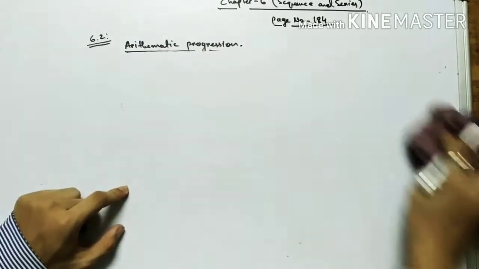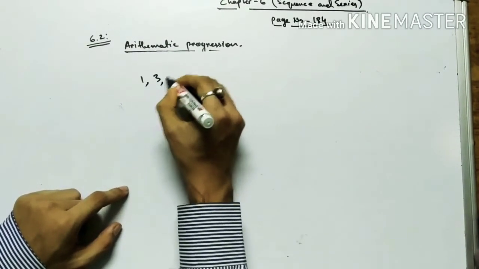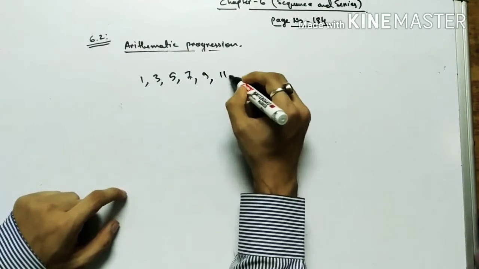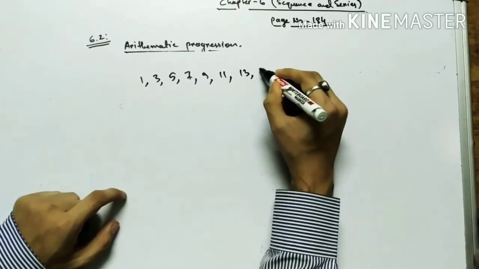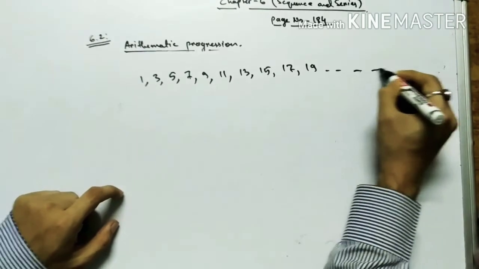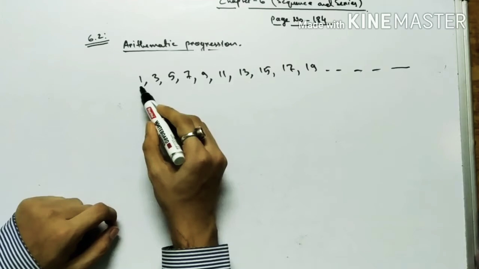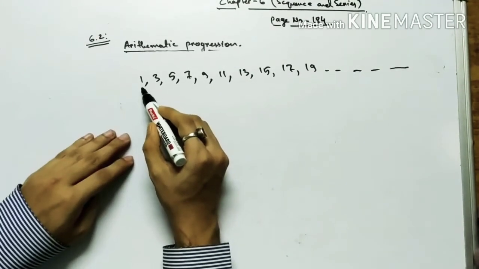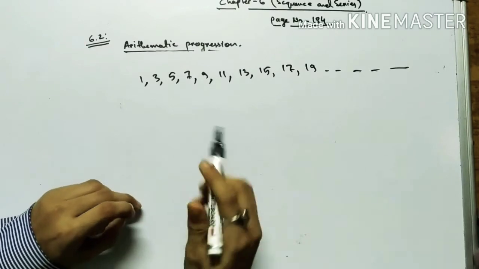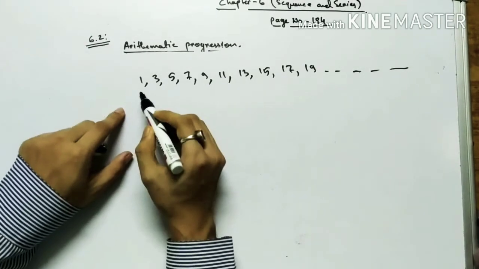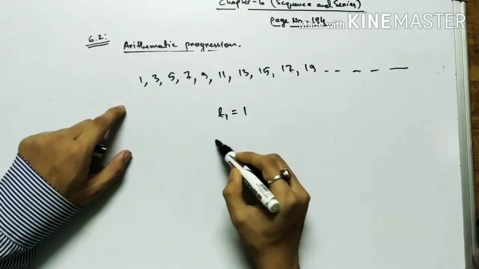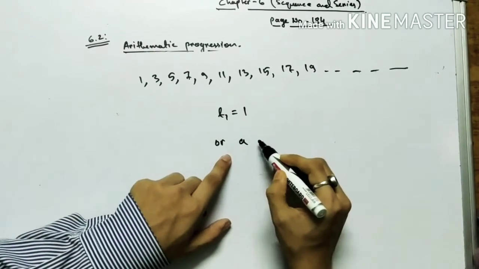So therefore let me take this sequence 1, 3, 5, 7, 9, 11, 13, 15, 17, 19, dot dot dot. Okay, this is the first term. One thing you remember here, the first term of an arithmetic progression, I can write it as T1 is equal to 1, or I can take it as a.